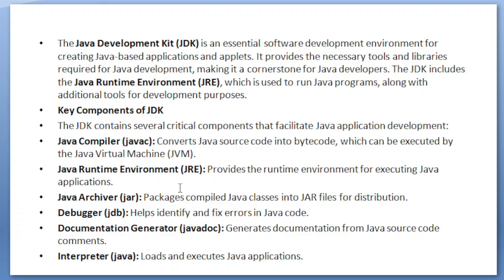What is the purpose of jar files? That is the Java archiver. It packages compiled Java classes into a jar file for distribution. For distribution purposes, we are using the jar file. JDB is nothing but a debugger. We have to fix the error and identify the error, so we are using JDB.